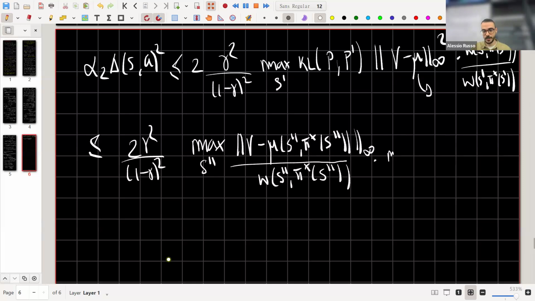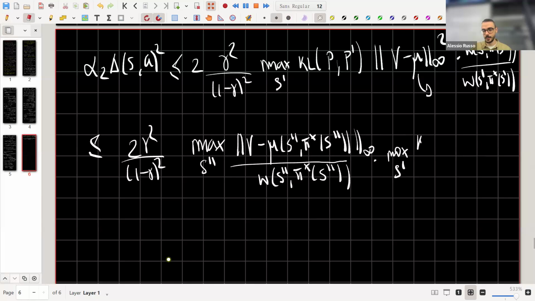That multiplies max over S prime of KL P S prime pi star S prime, and here we have P prime with the same arguments.